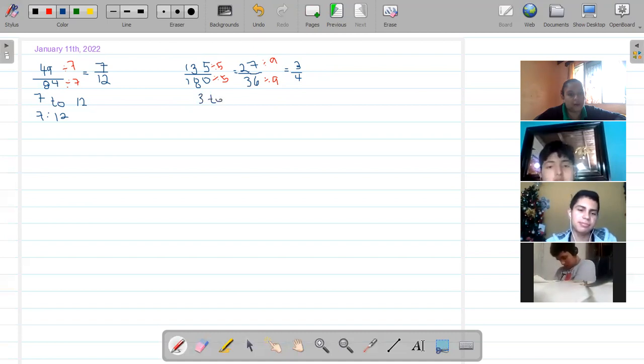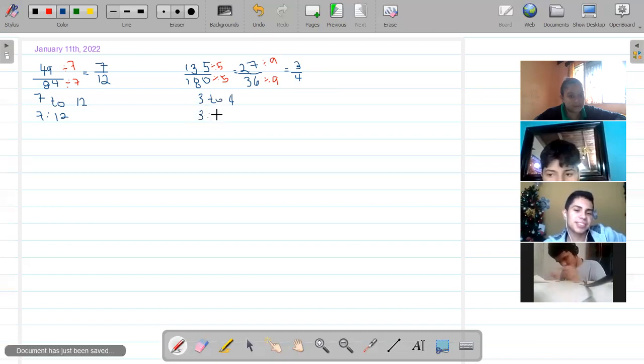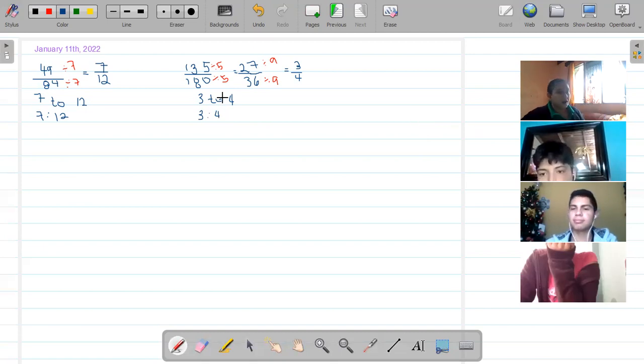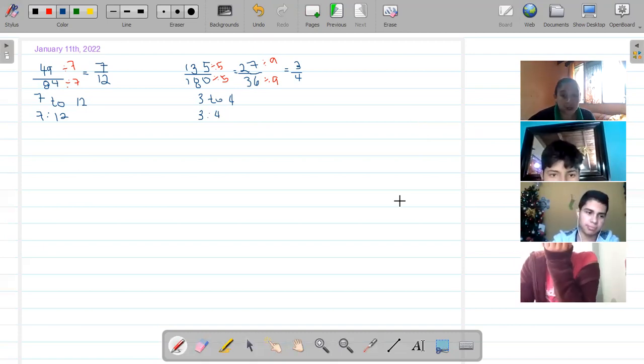And the other form, the other way, 3 colon 4. Correct, 3 colon 4. And that is ratios, okay? So ratios, you need to simplify them. Some of the times when you simplify ratios, you get a unit rate, okay? So let's pass now to unit rate.